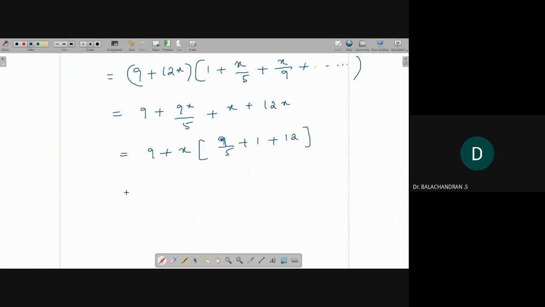If you take LCM 5, then 9 plus 5 plus 60 is 74, so 74 by 5. So the final answer is 9 plus 74x by 5 approximately.